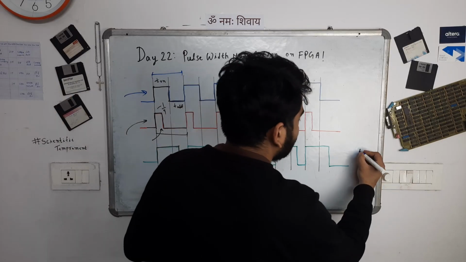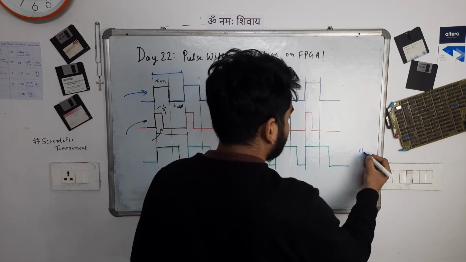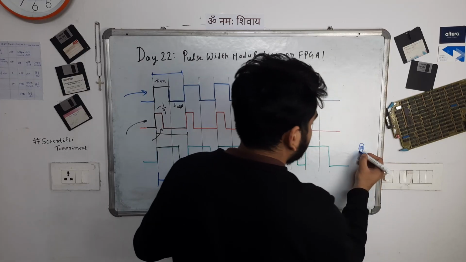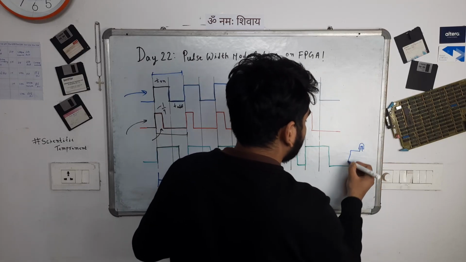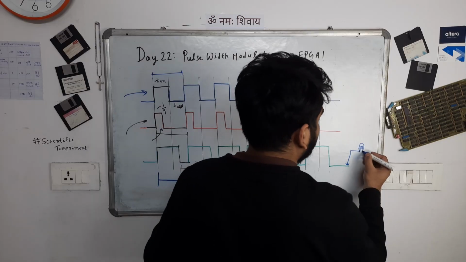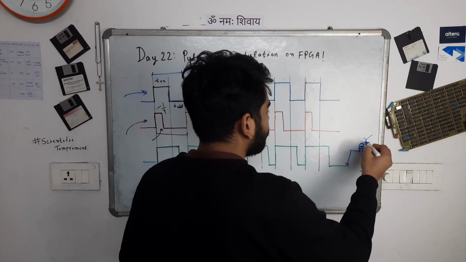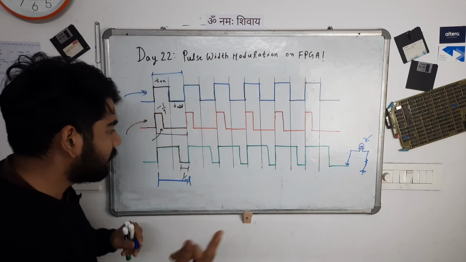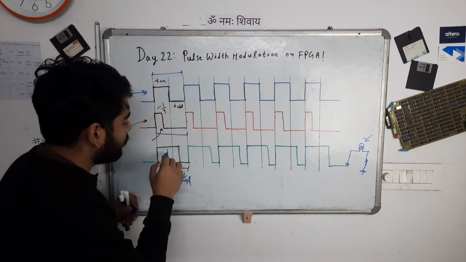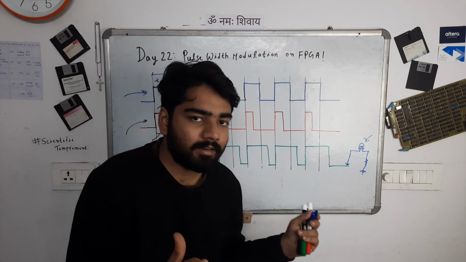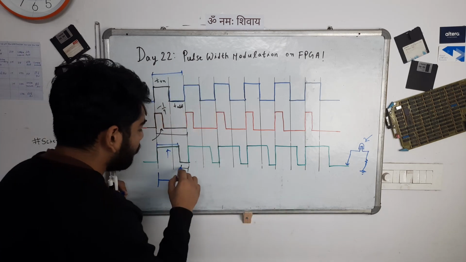If you attach an LED over here, with two terminals, and let's say this is the anode, and we simply attach it to this signal and ground the other terminal, this LED will be glowing when the signal is high. The signal is high in this period, so the LED will be on for this period of time, and off for this period of time.